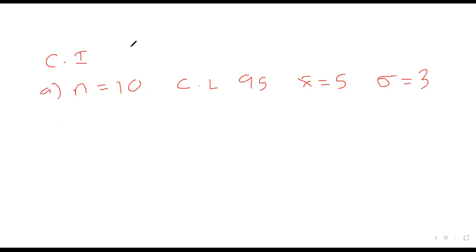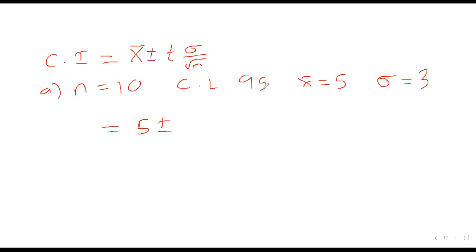So we are going to find a 95% confidence interval. We know the confidence interval is equal to x bar plus or minus t times standard deviation over the square root of n. Everything we're doing is the same, except that the way we're reading is different here. Our mean is 5. We're going to use a t because the sample is less than 30. How do we read this t? Step 1, significance level, which is 5% or 0.05.